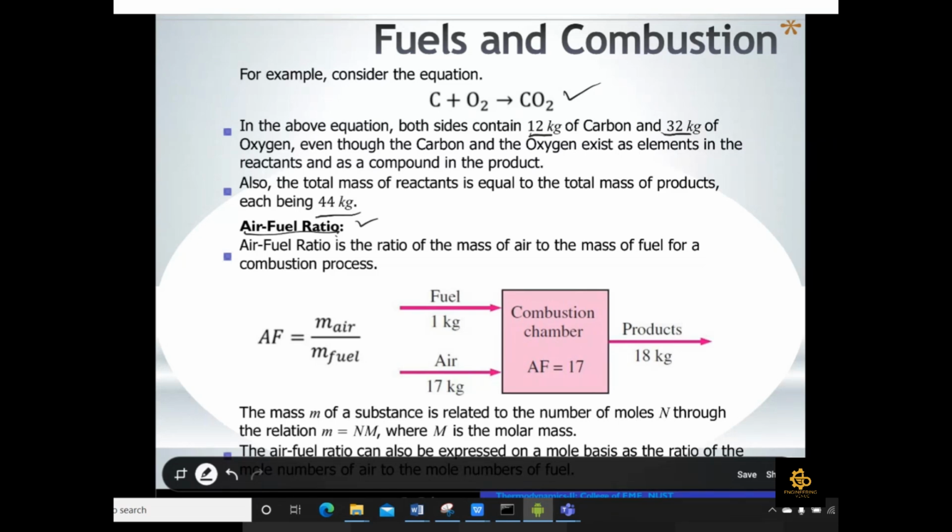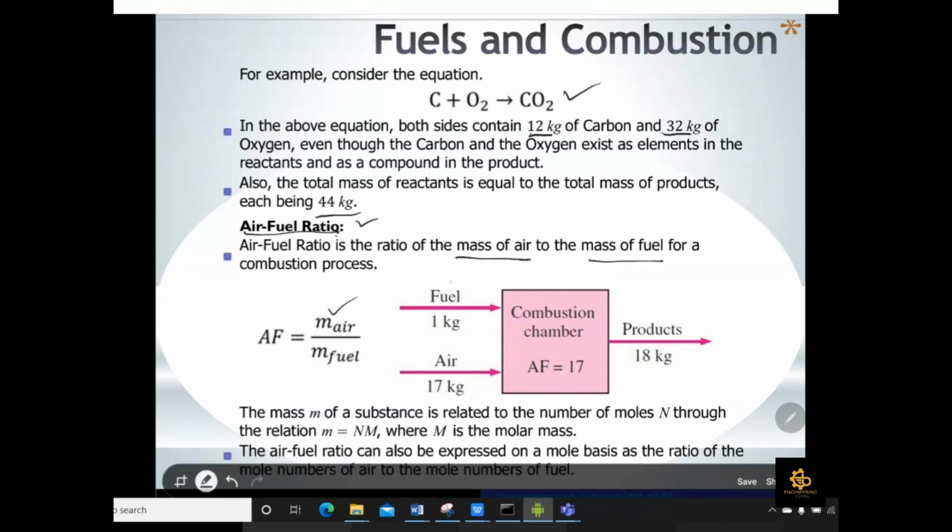It is either specified by the manufacturer or calculated when you design the engine, in order to produce accurate combustion. The air fuel ratio is the mass of air to the mass of fuel.